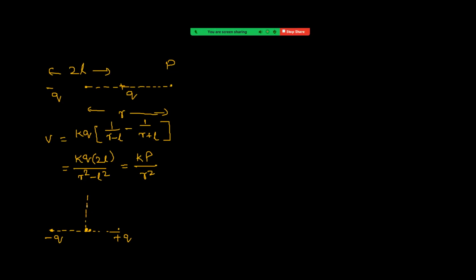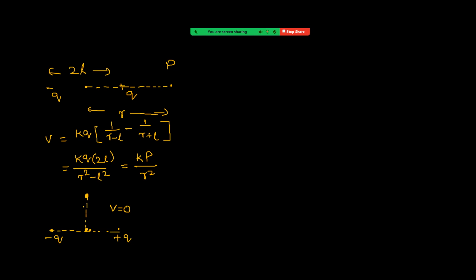And if you observe carefully, any point on this line will be at the same distance from both the charges. I am repeating, any point on the bisecting line has the same distance from minus q and plus q, right? When distance is the same, because of negative charge potential is negative, because of positive charge potential is positive, and the sum of those two will be zero. Means any point on the perpendicular bisector will have zero potential.